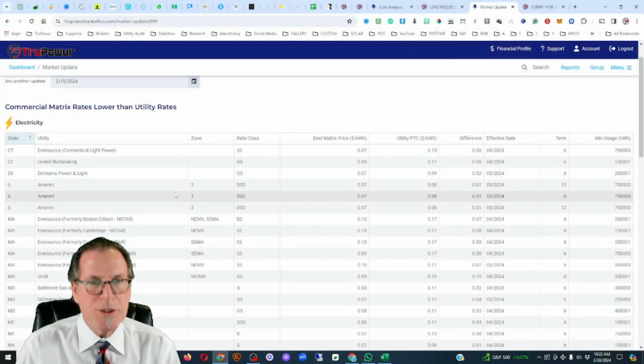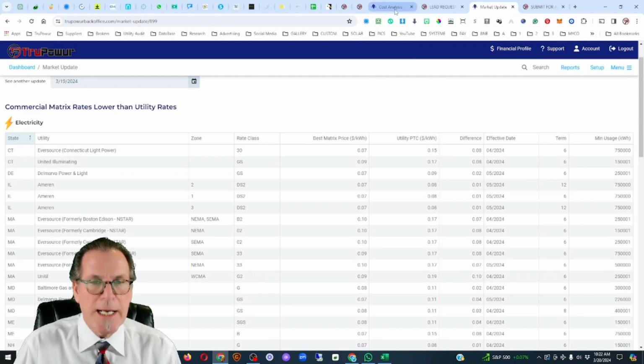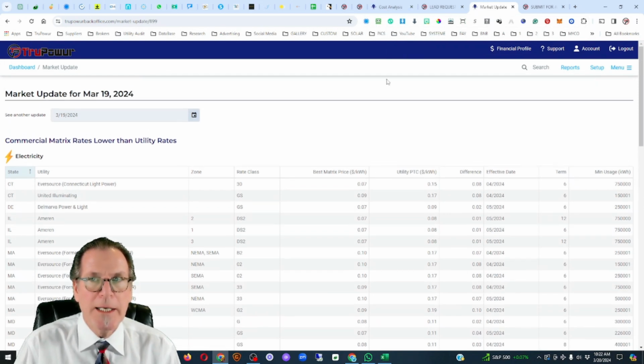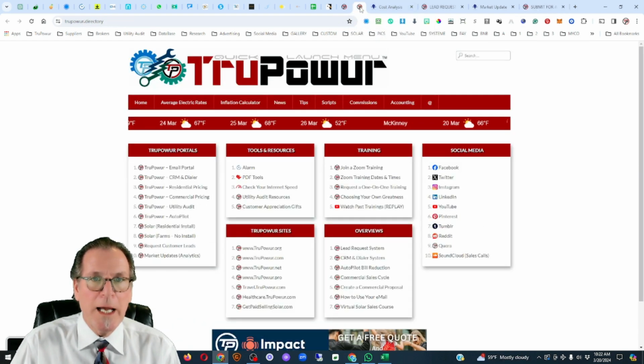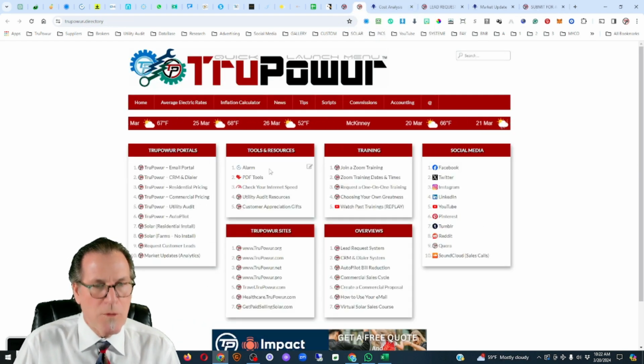Once you get the bill, you'll be in position to load that into the pricing platform and create some additional income for yourself and additional benefit for the customer.